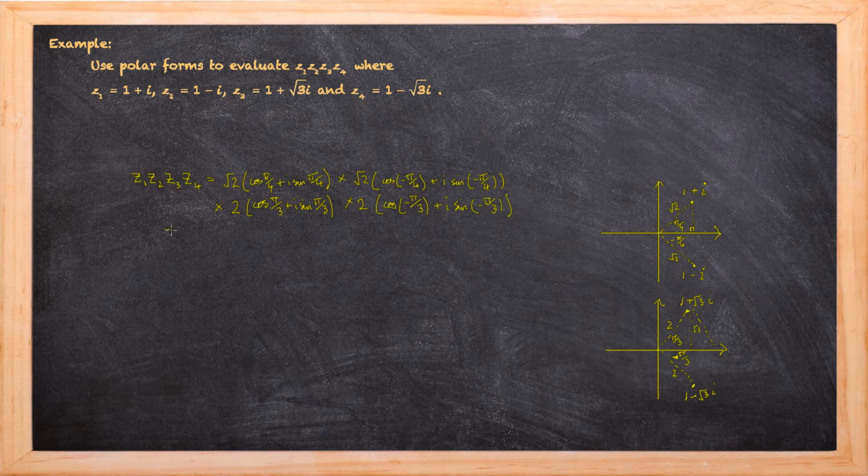So let's use the result that we multiply the moduli and we add the arguments. Pi upon 4 plus negative pi upon 4, it's just zero, and so on.